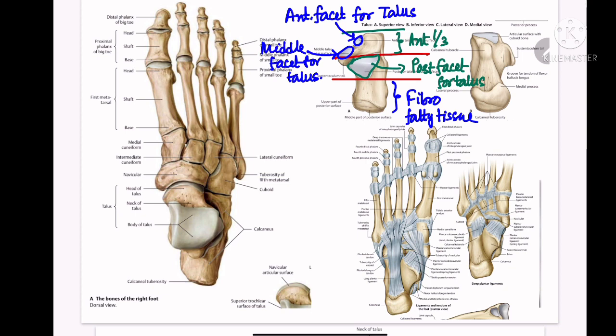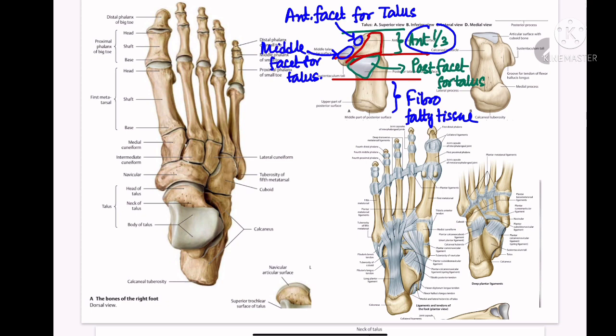So we have briefly described the superior surface by dividing into three segments. Now in the anterior 1/3, apart from the anterior facet and middle facet, there is a non-articular part as well. This is the non-articular part of the anterior 1/3, right?